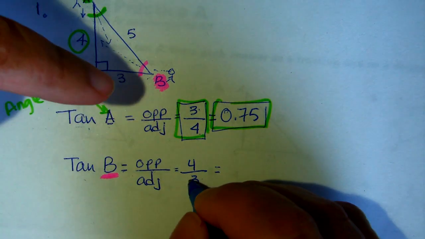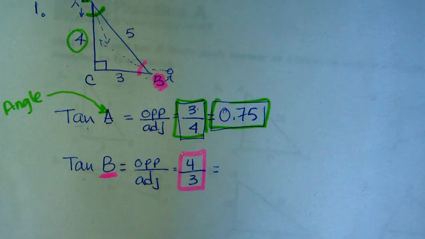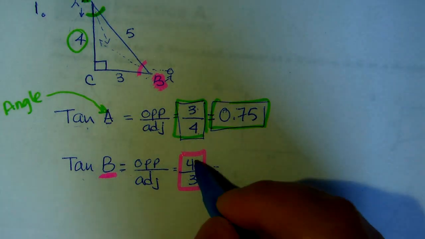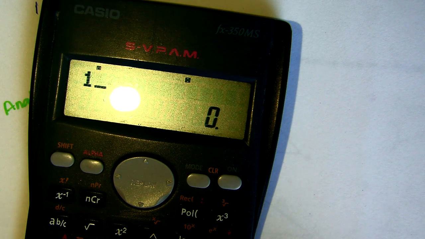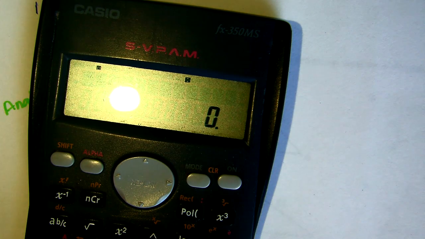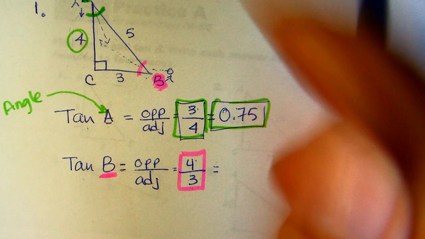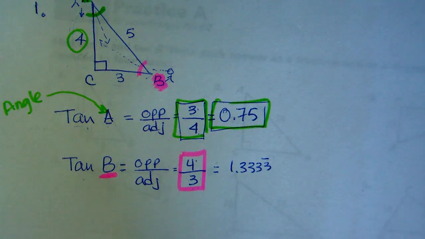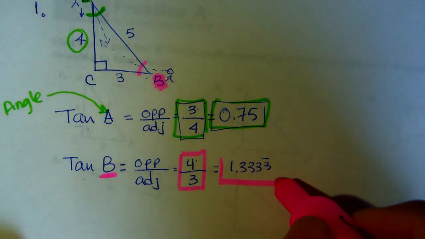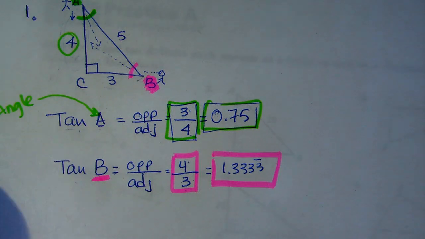All right, so this is the tangent ratio for angle B, and of course 4 over 3 is going to give you 1.3333. They're asking us for 4 decimals. We know this is a repeating decimal. And that's it. These are your 2 answers.